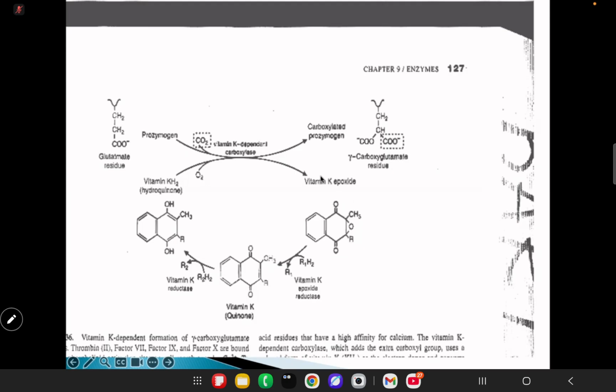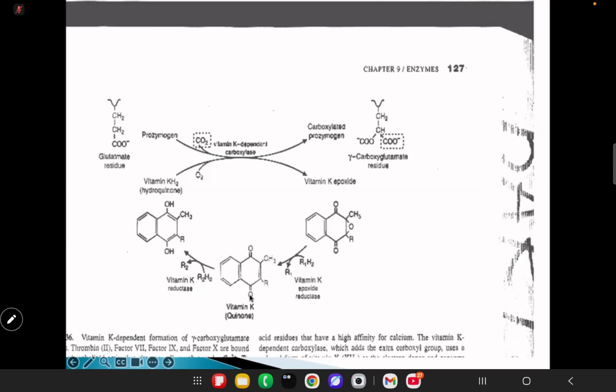So vitamin K becomes inactive while factors 2, 7, 9, 10 are being activated. The problem is that you need to convert the inactive epoxide vitamin K back into active vitamin K, otherwise this cannot happen again and again, and clotting will be disturbed.